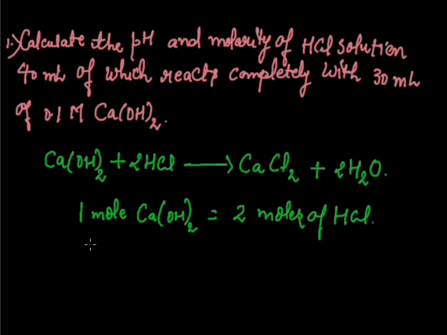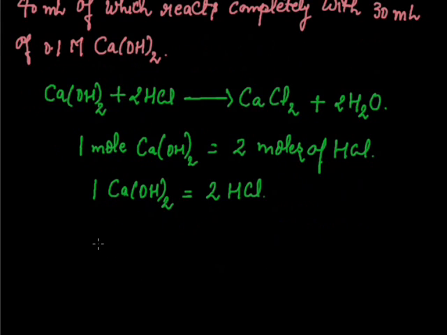So 1 mole of Ca(OH)2 is equivalent to 2 moles of HCl, and we can say the number of gram equivalents of Ca(OH)2 is equal to the number of gram equivalents of HCl.